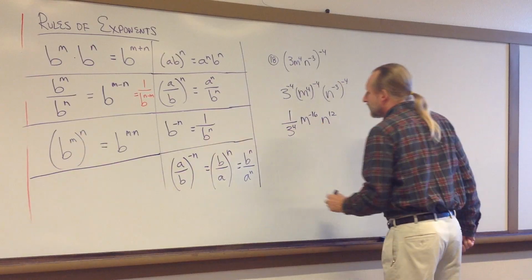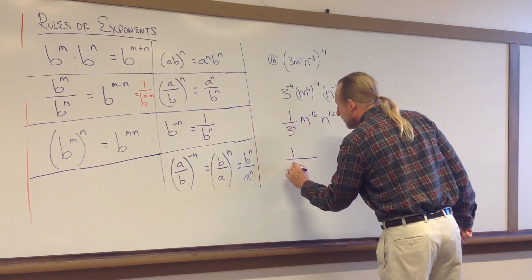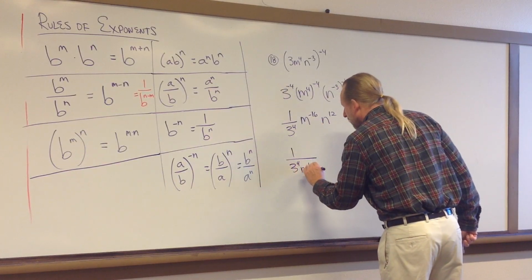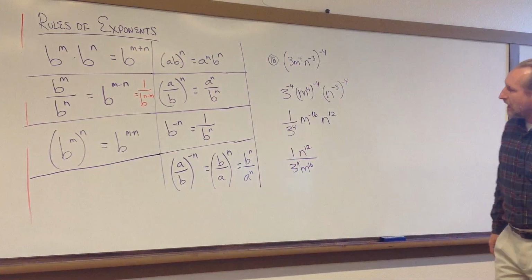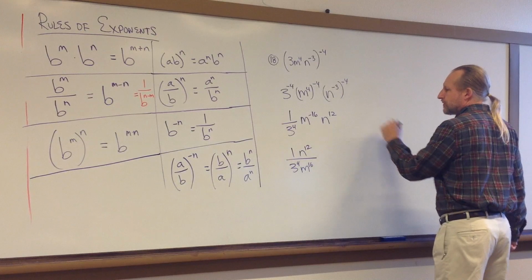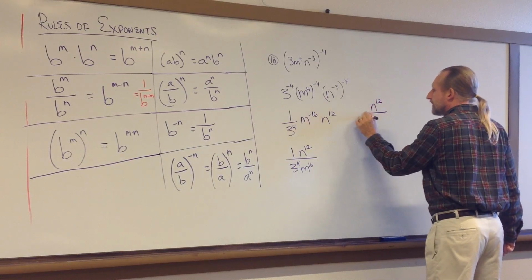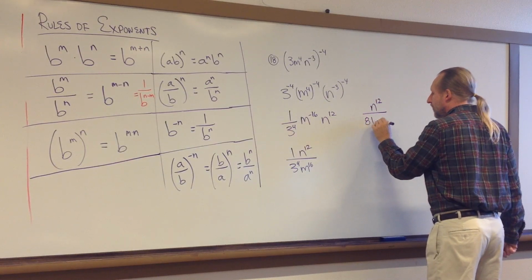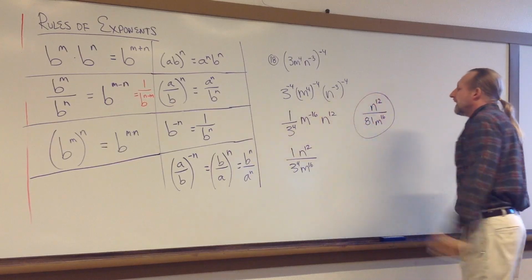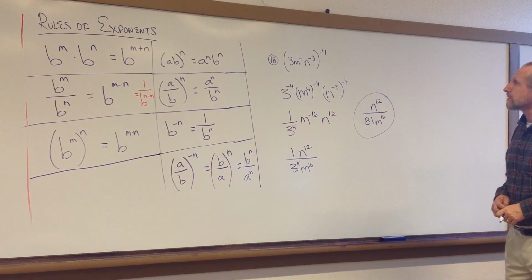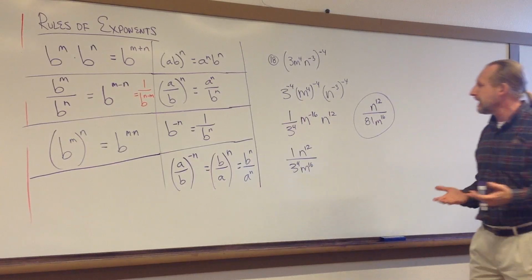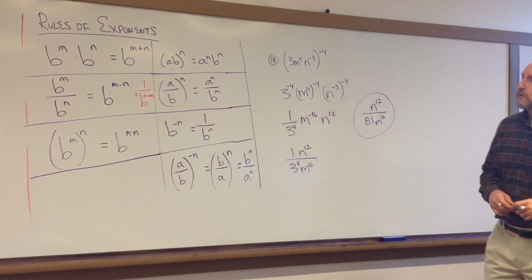And this m to the minus 16 means 1 over m to the 16th power. So there's what we've got. And so now we'll just calculate our 3 to the 4th power is 81. And there it is, n to the 12th over 81 m to the 16th power. Okay? We always want to express our answers with all positive exponents.